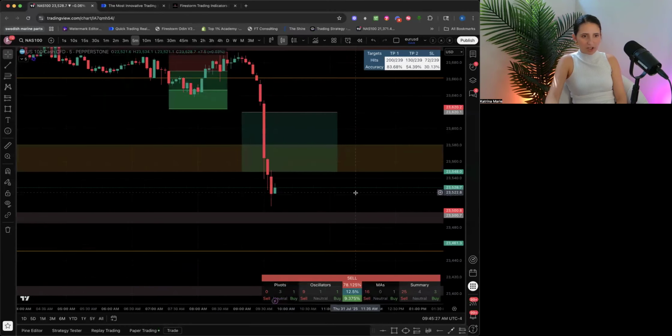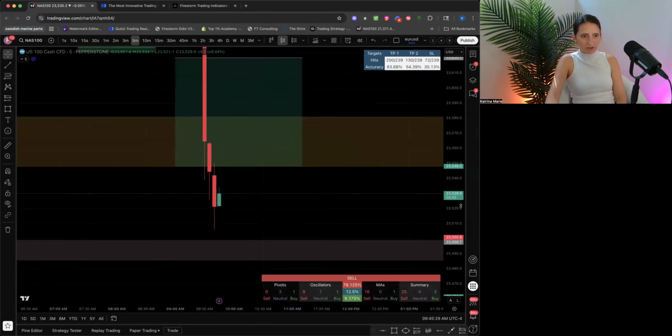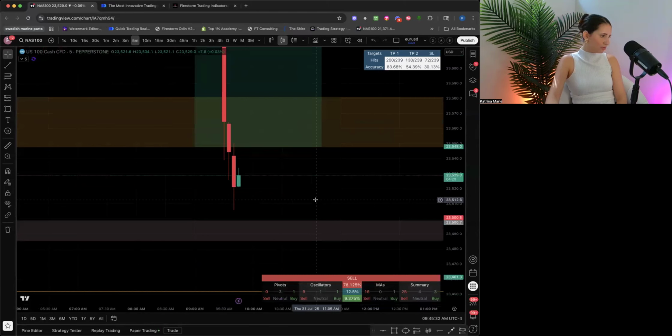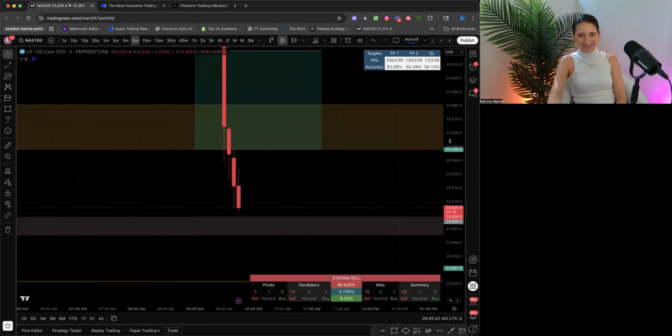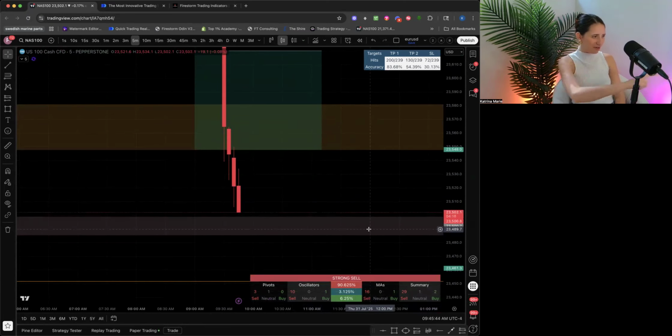Look, we got a little 5-minute candle. No wick on the other side. Oh, now we do. I saw the orders come right in on that bid ask volume, and it just liquidated all of it.